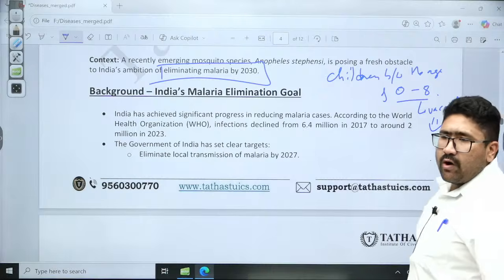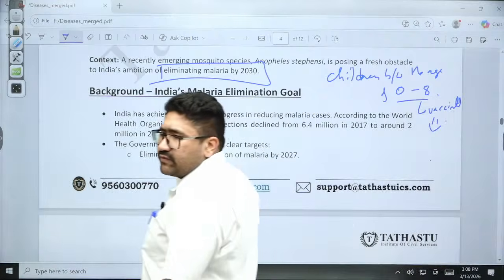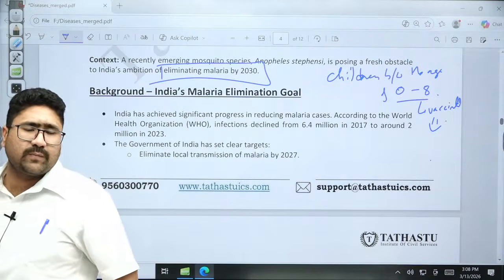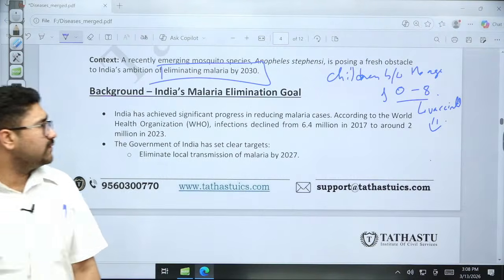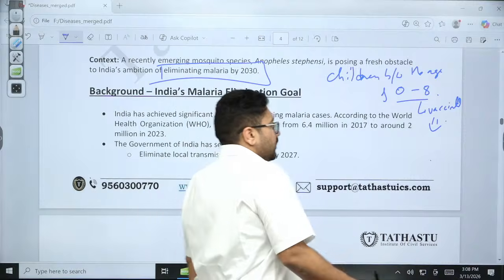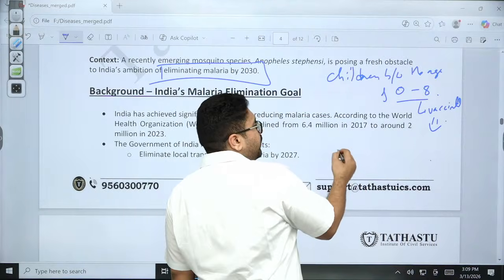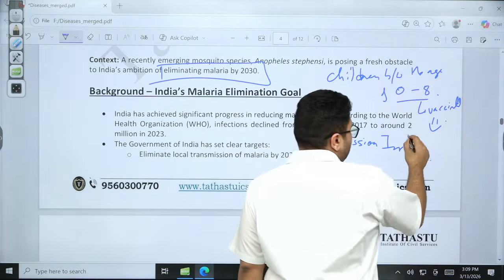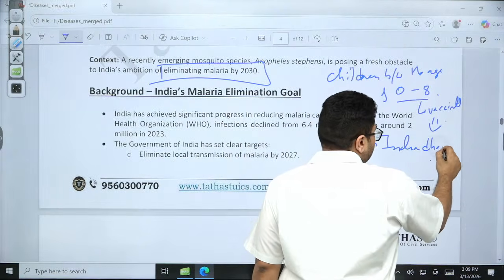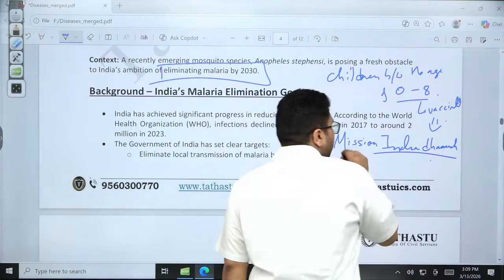What is the name of the scheme which is responsible for administering vaccination in India? Universal Immunization Program, under Mission Indradhanush.